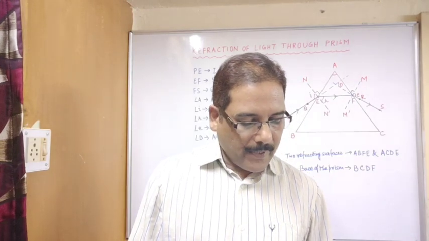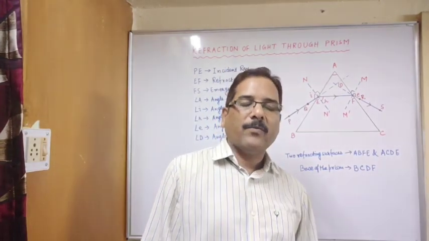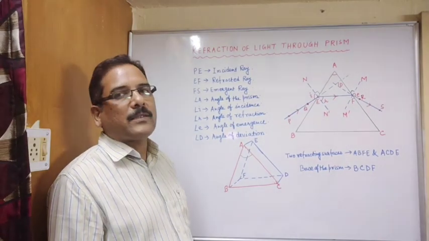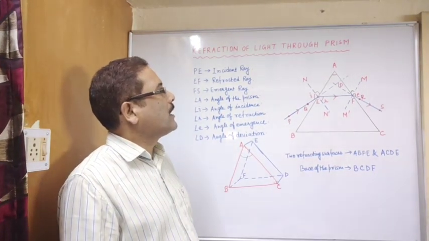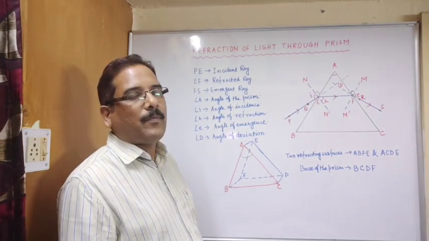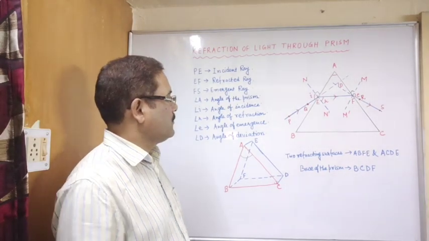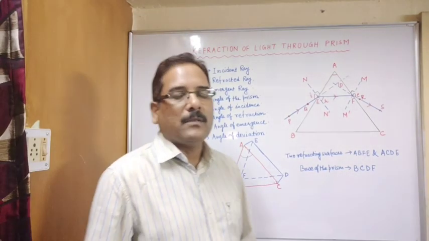Now in this topic, one question is very important: show the phenomenon of refraction of light through a glass prism with the help of a labelled diagram. It may be a 3 marks question. You write this question.